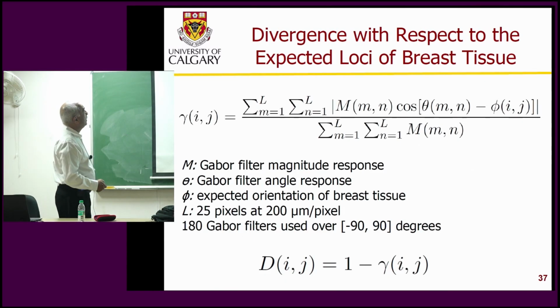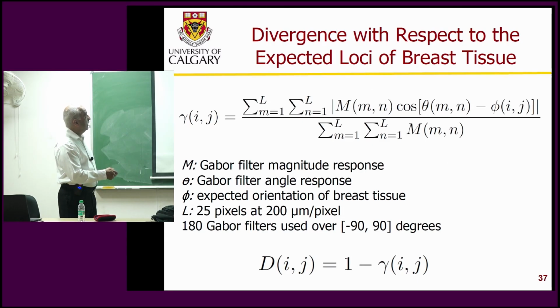So we compute divergence. Mn is the Gabor magnitude response. Theta Mn is the Gabor angle at pixel Mn. Phi ij is the expected orientation of breast tissue at that location.